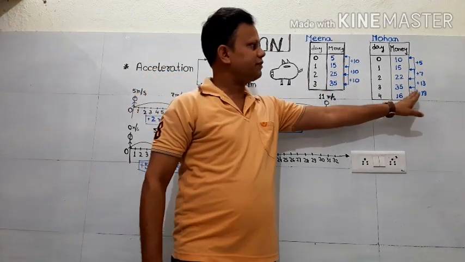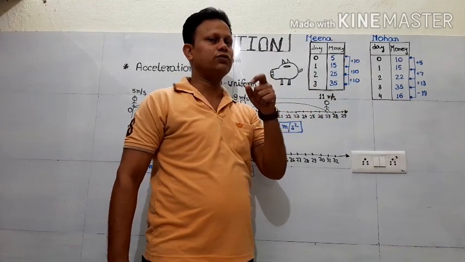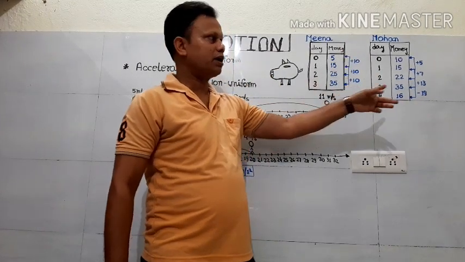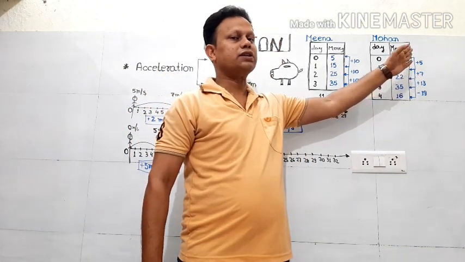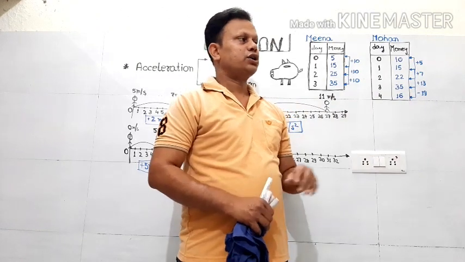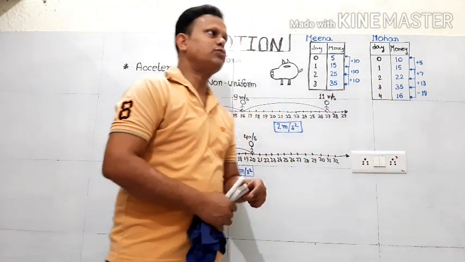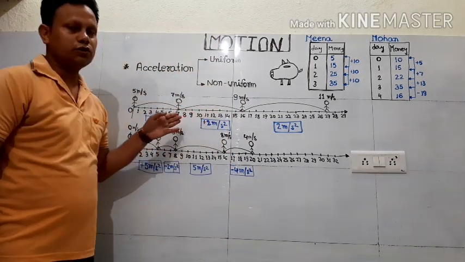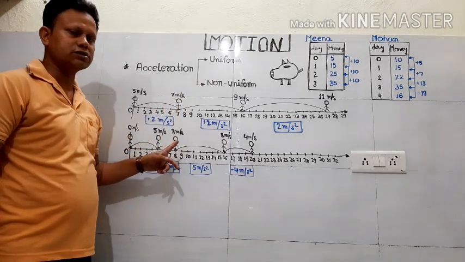So what is the difference between these two? Here the everyday increase in the amount is the same, but here the everyday change in the amount of money is not the same. So after comparing these two, we can conclude the difference between uniform acceleration and non-uniform acceleration. Just similar behavior is here also.